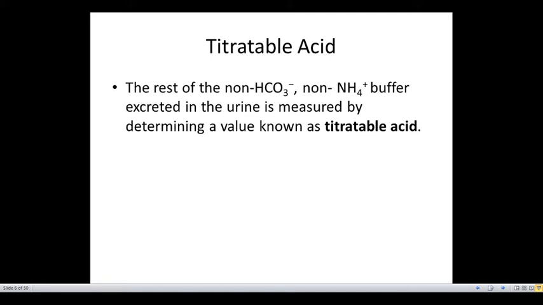The rest of the non-bicarbonate, non-ammonium buffers excreted in the urine is measured by determining a value which is known as titratable acid.